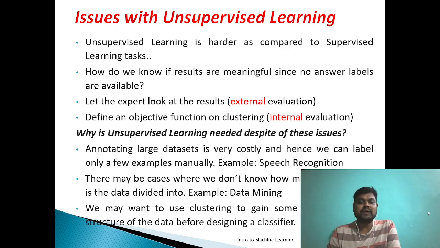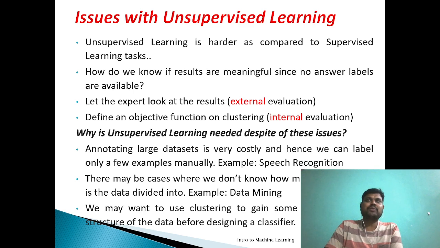And there may be cases where we don't know how many classes there are in the data set, how many attributes are present, or what the primary important attributes are out of so many attributes in the data set, right? For such analysis also we need unsupervised machine learning models to find the primary attributes. We need principal component analysis or other unsupervised machine learning models, right?